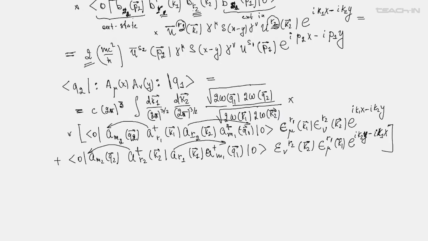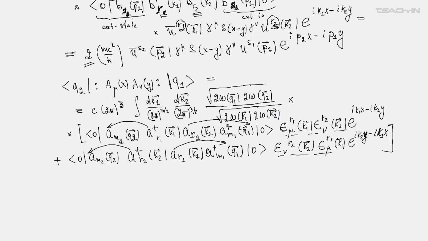At the end, we will be left with polarizations where R1 and R2 are replaced by M1 and M2. Exponentials will be left over with K's replaced by P's. And then the square roots of omega in the numerator and denominator will cancel. So if you do this accurately, you will obtain the following.